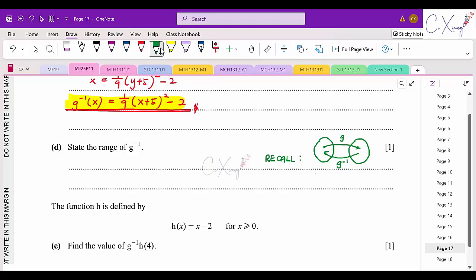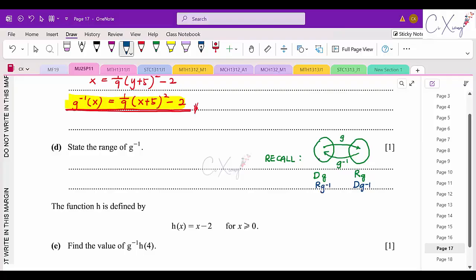If you look at the function g, the first set of values here is the domain of g. And the second set is the range of g. But this second set is basically the starting value of g inverse, so it is also the domain of g inverse. And this one basically will be the range of g inverse.